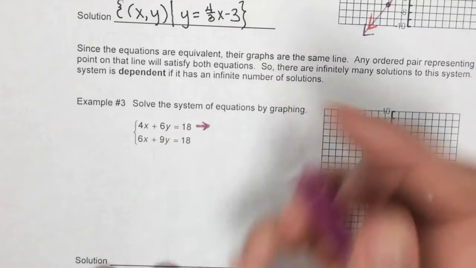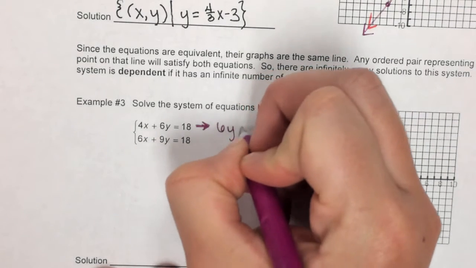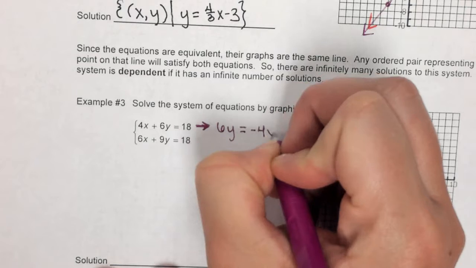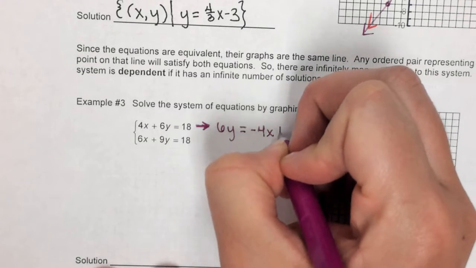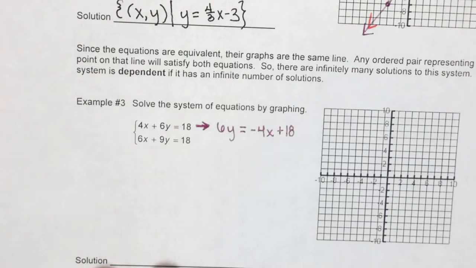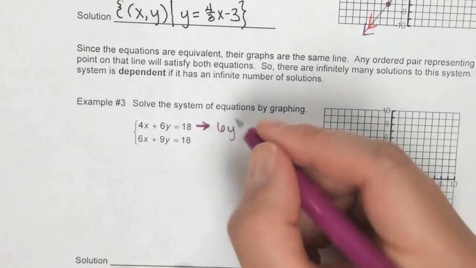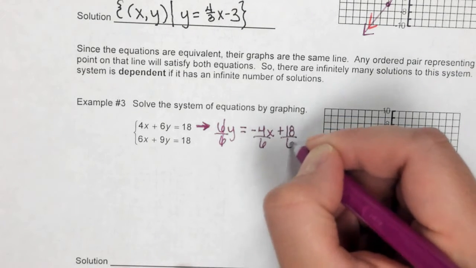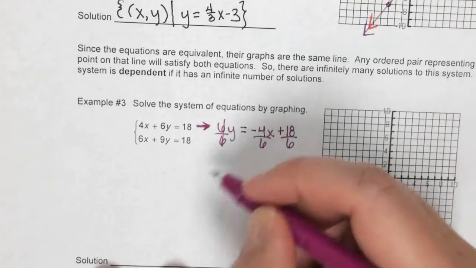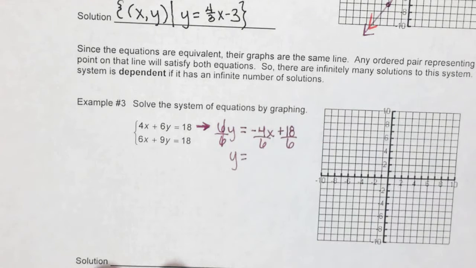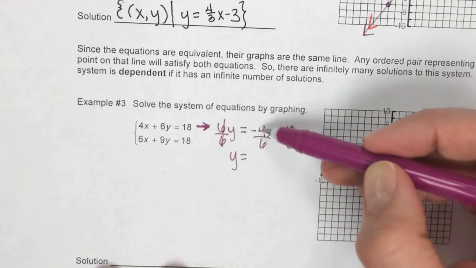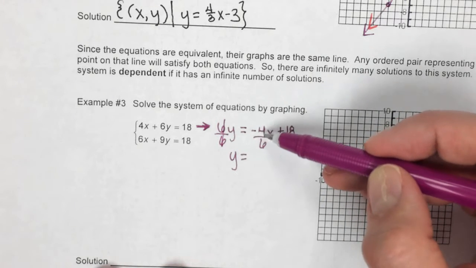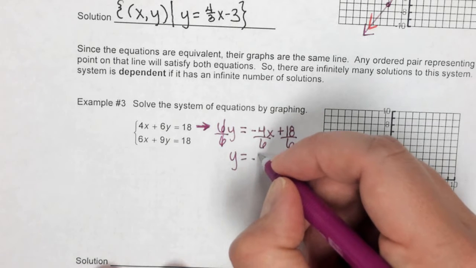So move the x on the other side. 6y equals negative 4x plus 18. Divide by 6, right? Y equals, okay, that'll stay negative because there's only one negative. 4 over 6 reduces to what?